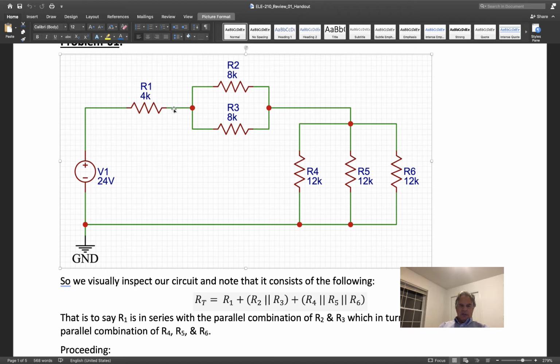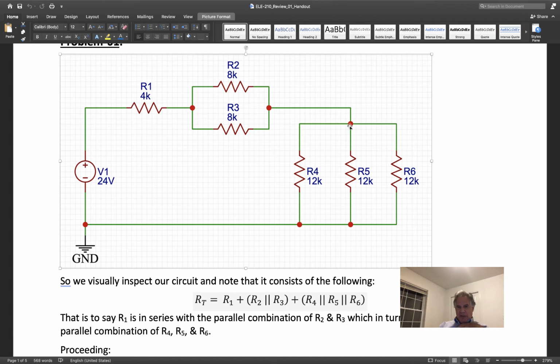So our current entering this node and our current leaving this node add up to 0, or they're equal. If you want to assign them signs, they add up to 0. And the same happens at this node. You got a milliamp coming in here, a milliamp coming in here, and 2 milliamps leaving, so we're all balanced.